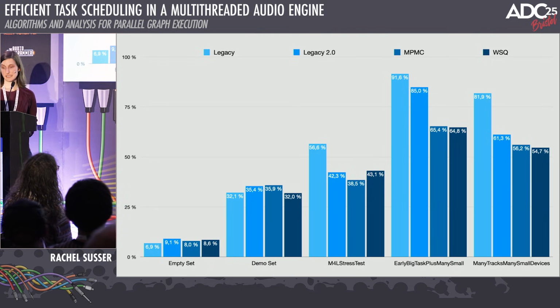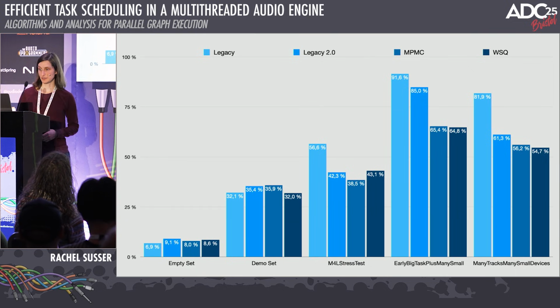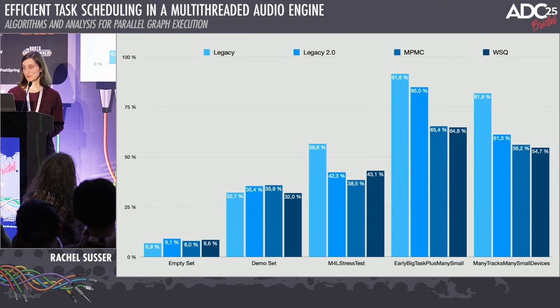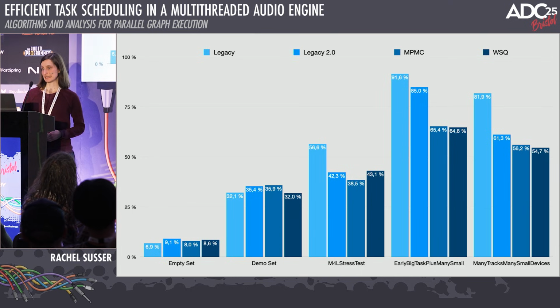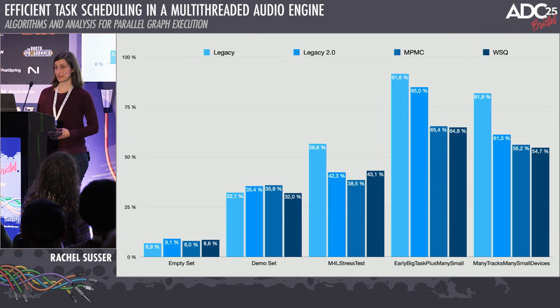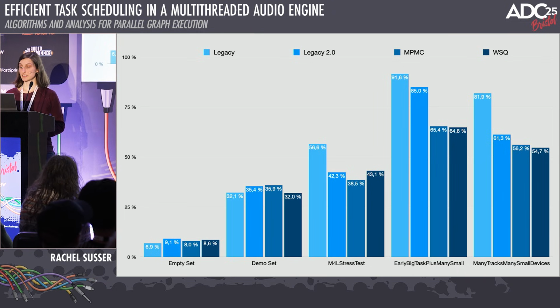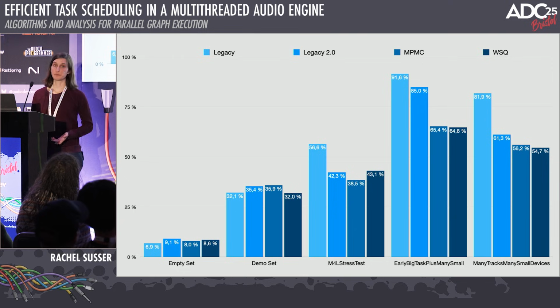The empty set is just what it sounds like. It's that default Live set that opens when you launch Live and you don't add any of your own devices. Then second from the left is the demo set that ships with Live 12. And then the final 3 sets were designed to produce graphs that would try to pressure Live's scheduler in different ways.